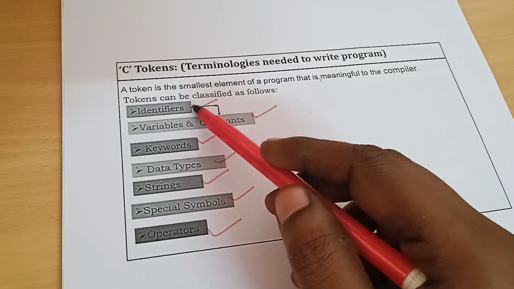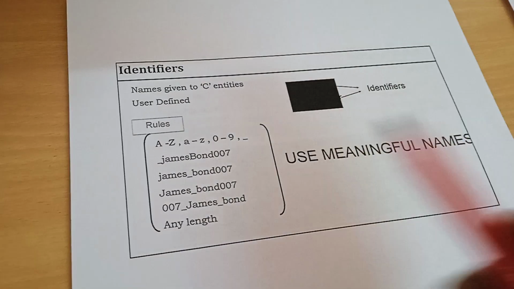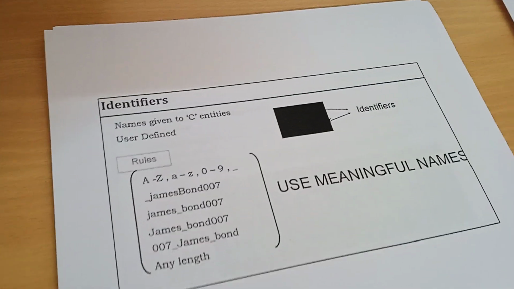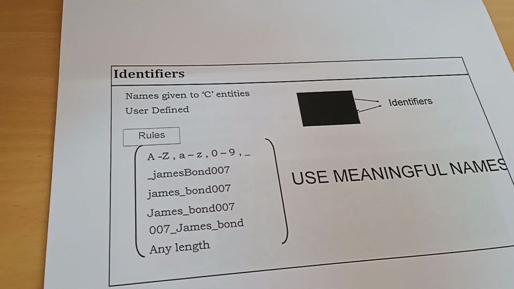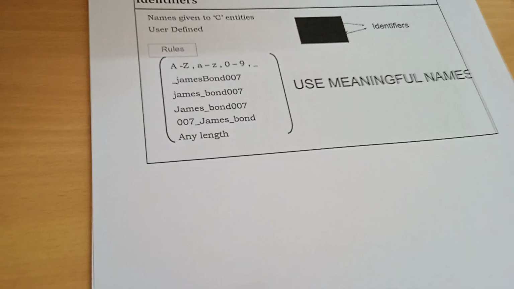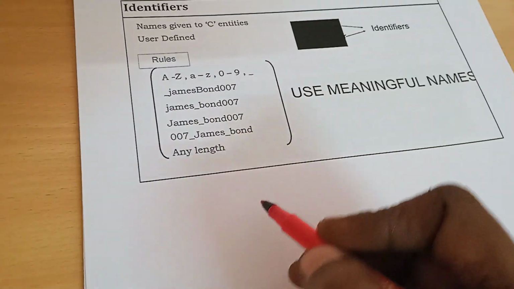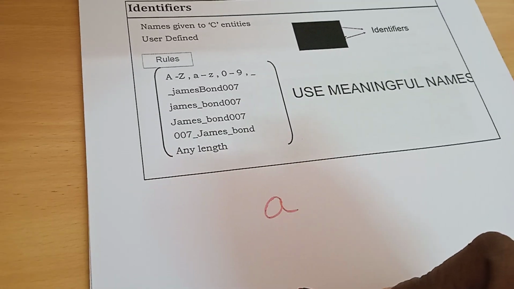Now let's look into the first one, identifiers. Identifiers are names given to C entities. When I want to create an identifier in the program, I create A as my identifier.